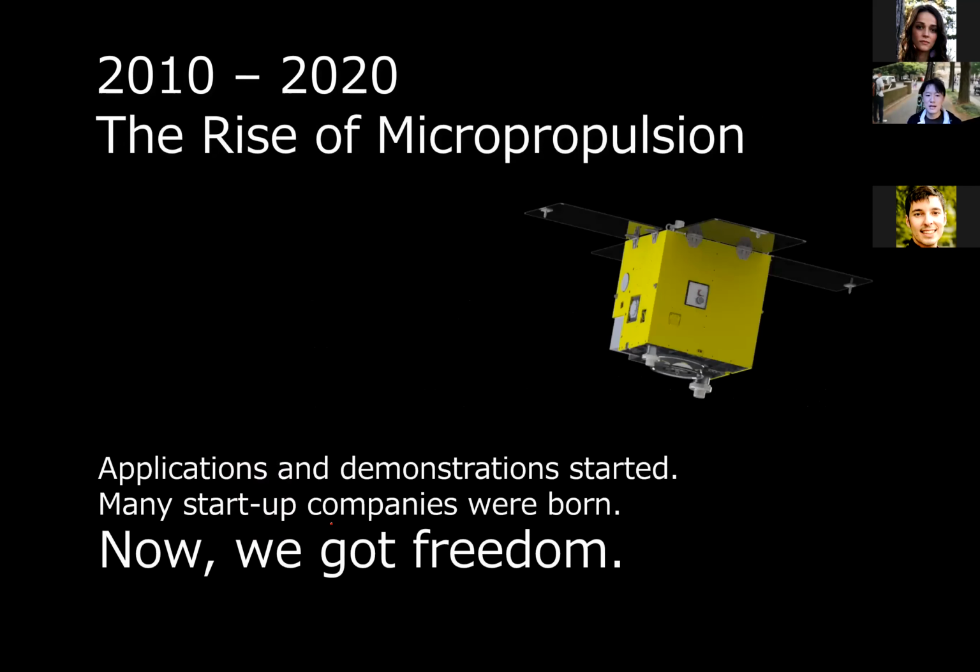And after 2010, the rise of micropropulsion, especially for me. Small satellite technology matured, and they got space to install propulsion systems. So applications and demonstrations of micropropulsion started, and many startup companies were born. And now, after 2020, we got a lot of selections.